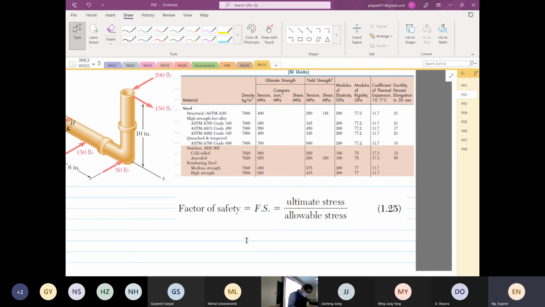So over here, the ultimate stress is a material property. And the allowable stress is the analysis or calculated. This is where you calculate.